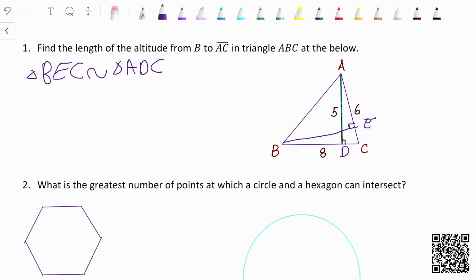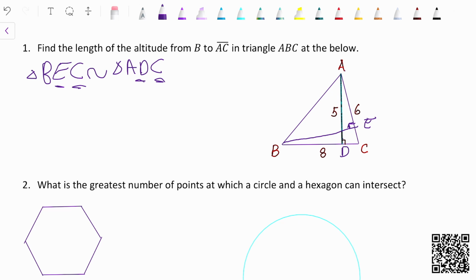And in this case, you guys can see that since both angle E and angle D are 90-degree angles, this means that E and D are equivalent. And since they share angle C, this means that they have two angles that are the same, therefore making them similar.